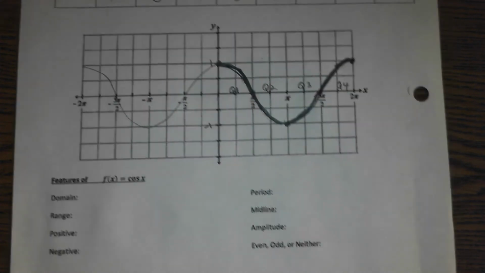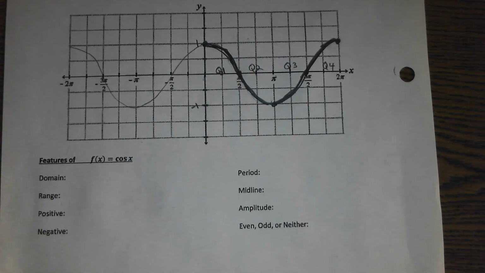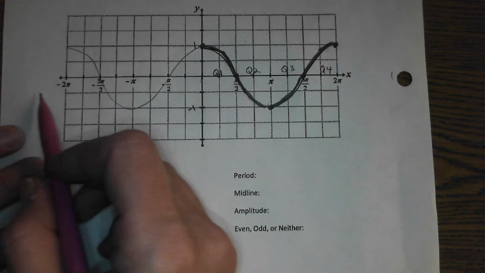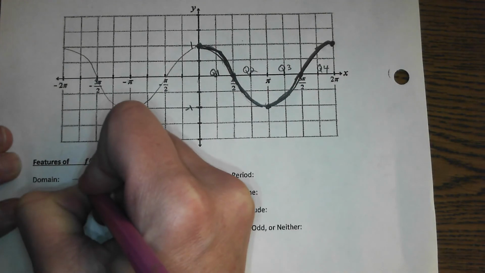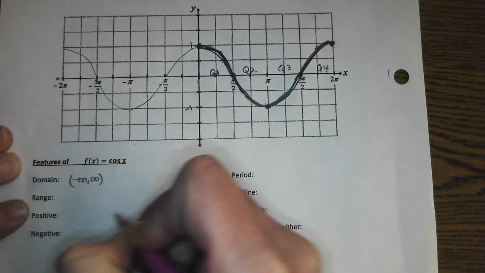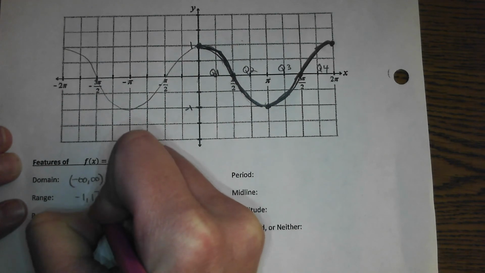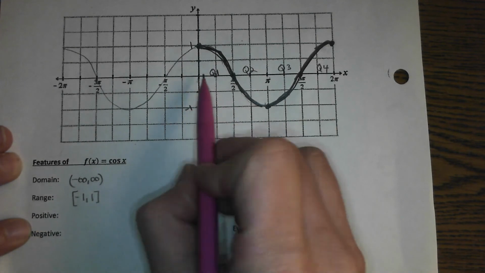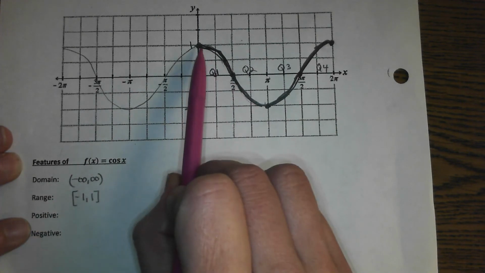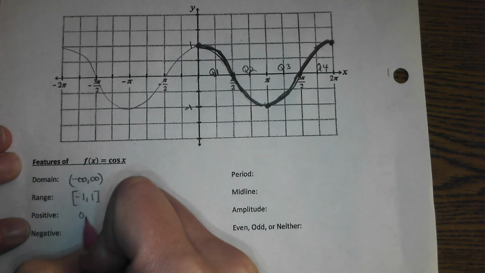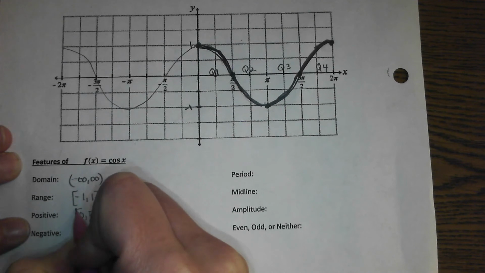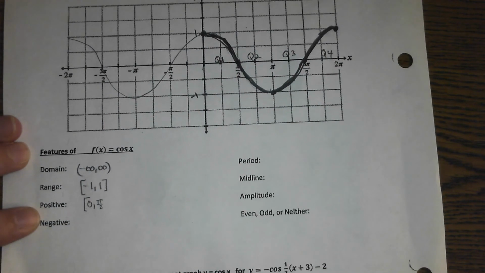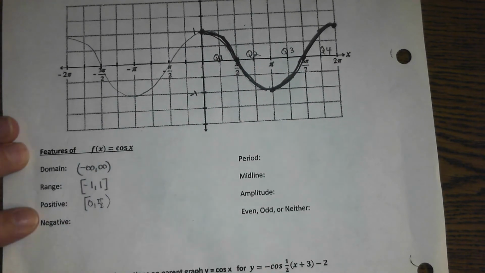So if we go back to these main features, our domain is still negative infinity to infinity. Our range is still negative 1 to 1. We're positive from 0 to pi over 2. And that does include 0, by the way. It does not include pi over 2.